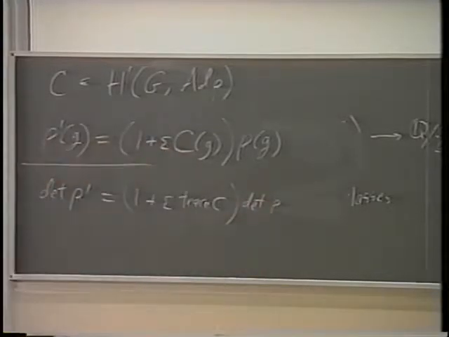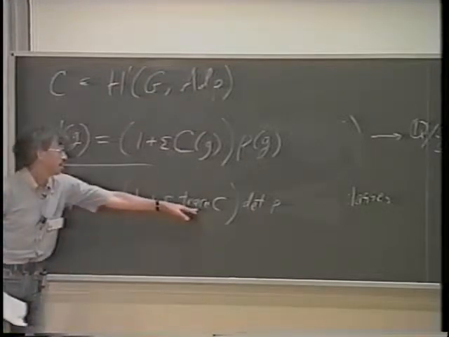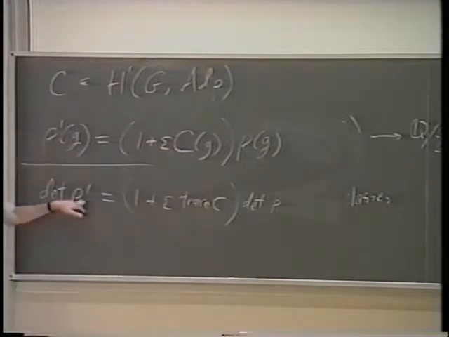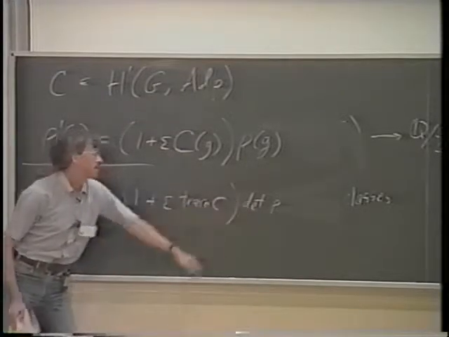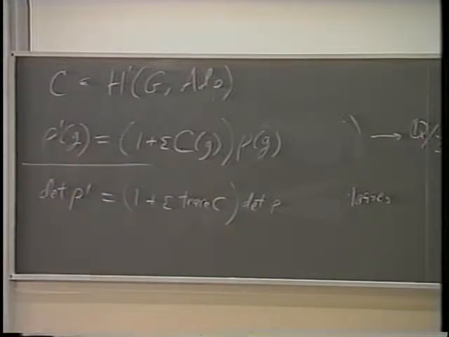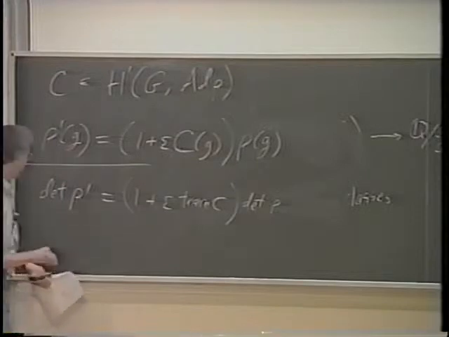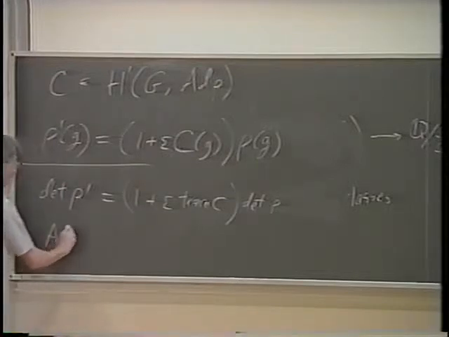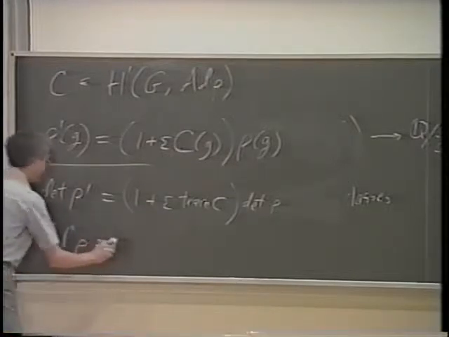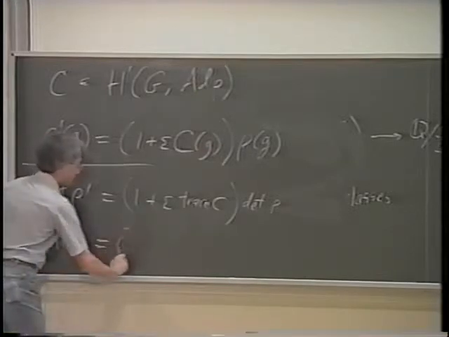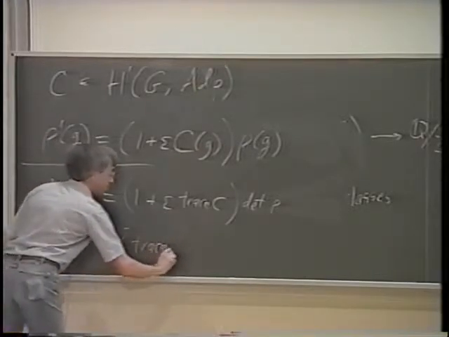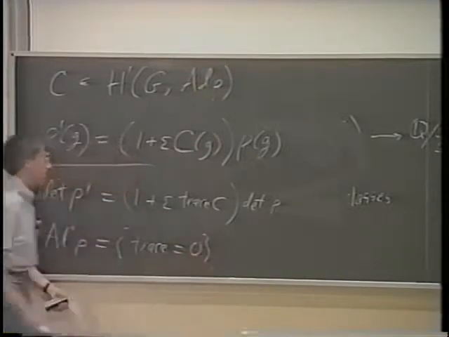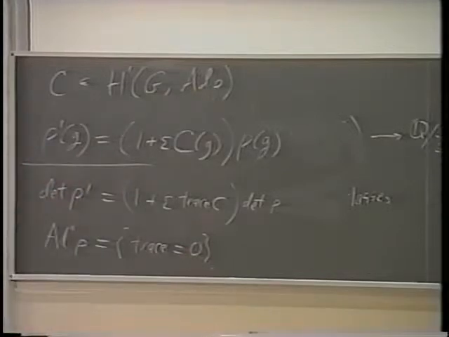So if you want the determinant not to change, you better make the trace equal 0. That term goes away, and the determinant of the deformation is the same as the determinant of the thing you started with. So that's why you look at add naught of rho, the set with trace equals 0, or what's been referred to as the traceless matrices.